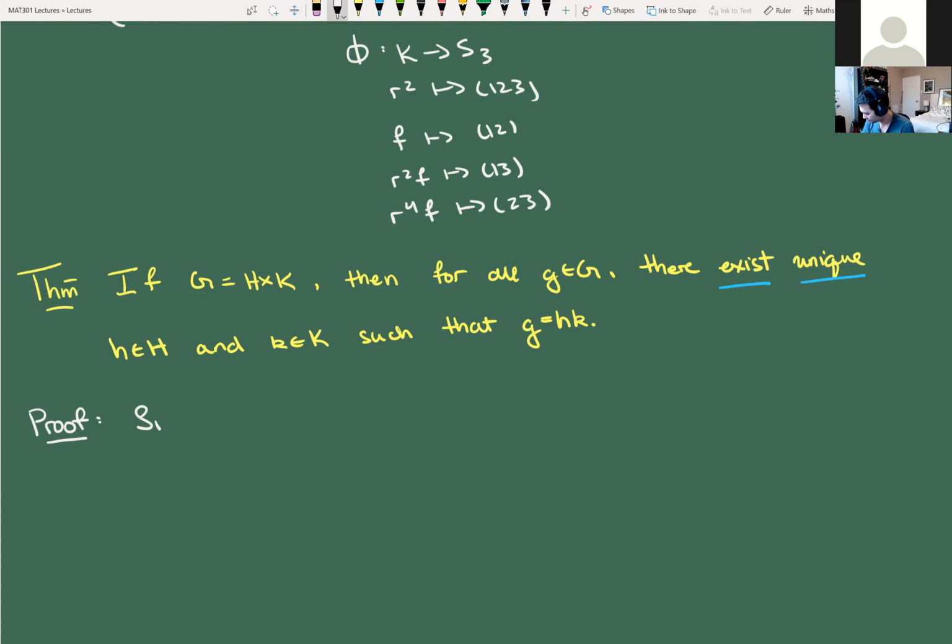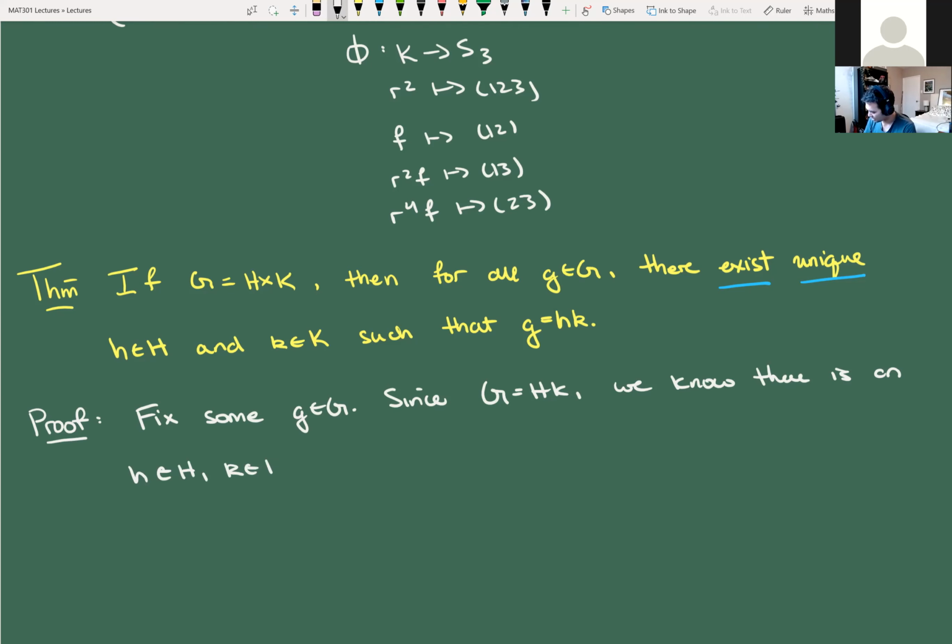Let's fix some g in G. Since G is equal to HK, we know there is an h in H and k in K such that g is equal to hk. Okay, so that covers existence. That wasn't too hard. So what we need is uniqueness.